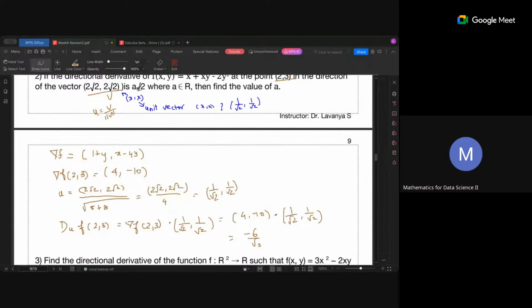And it is given that it is a root 2. So du f at (2, 3) is given as a root 2 and our answer is minus 6 by root 2. So what is a then? Minus 3. Okay, clear?